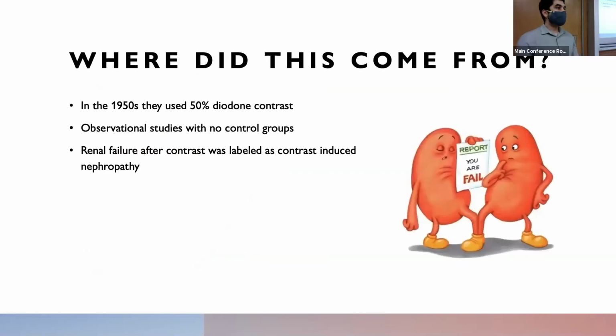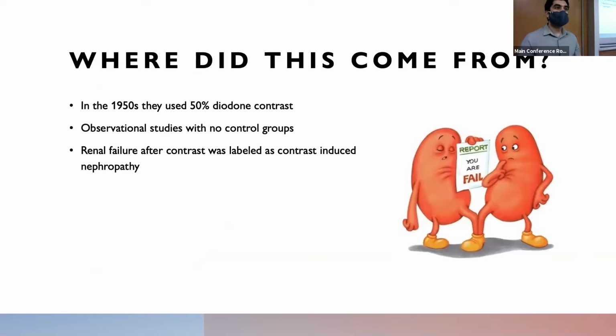So where did the idea of contrast-induced nephropathy come from? In the 1950s, they used a very high osmolar contrast dye called diodone, compared to the lower osmolar contrasts that we use today. Given the high osmolarity of this contrast dye, it could potentially have been nephrotoxic.